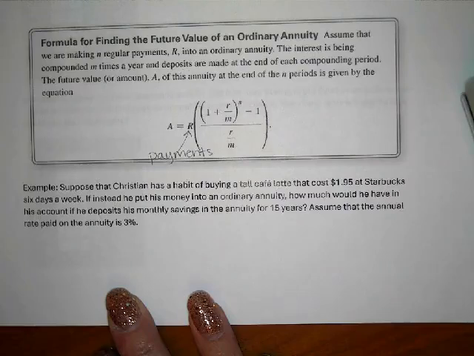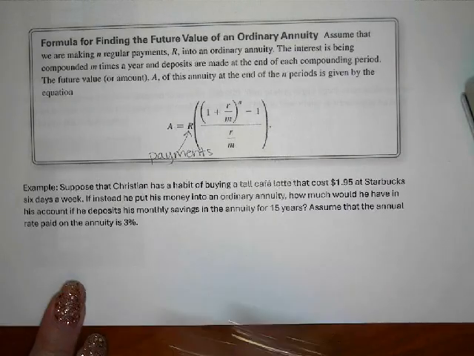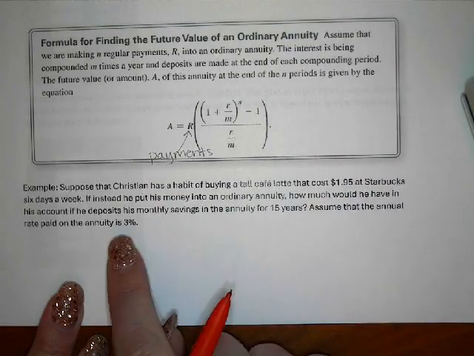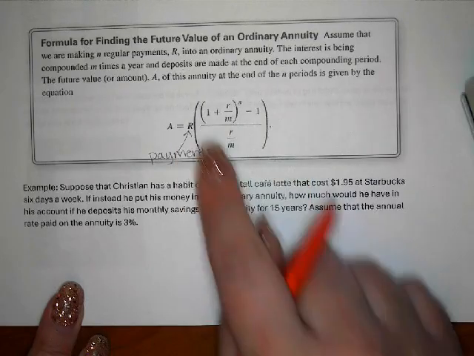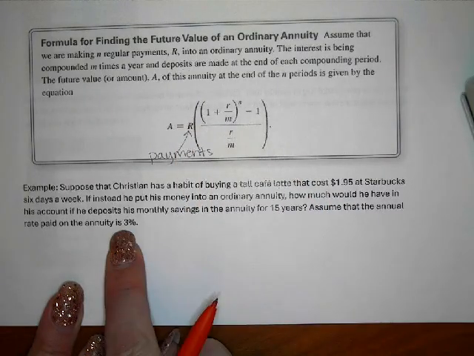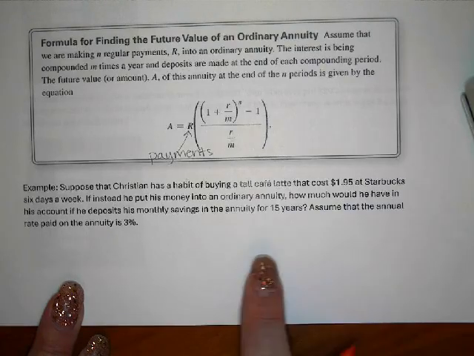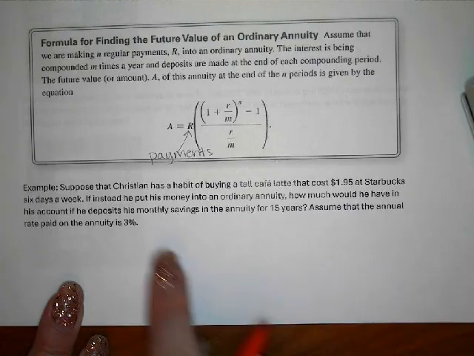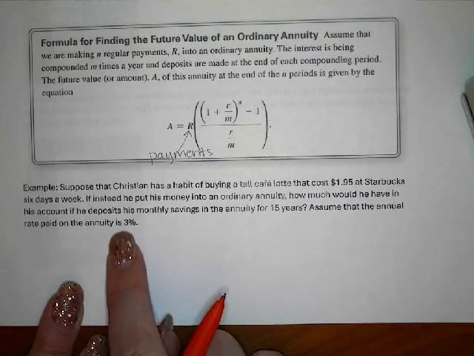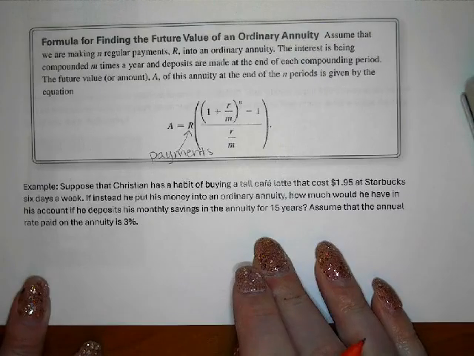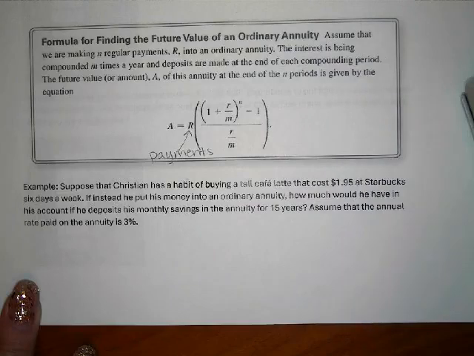So we need to calculate how much he's going to pay into the annuity per month. We can see that the rate is 3%. And since it's monthly savings, we're going to say that it's compounded monthly. So let's figure out what his monthly payment would be.